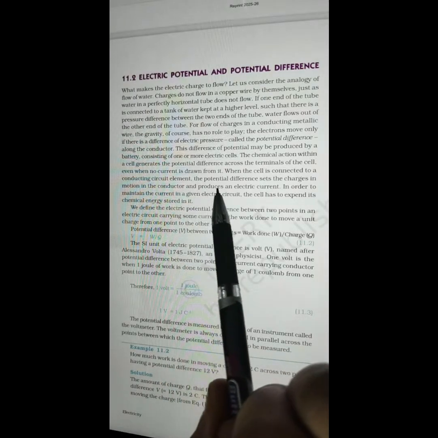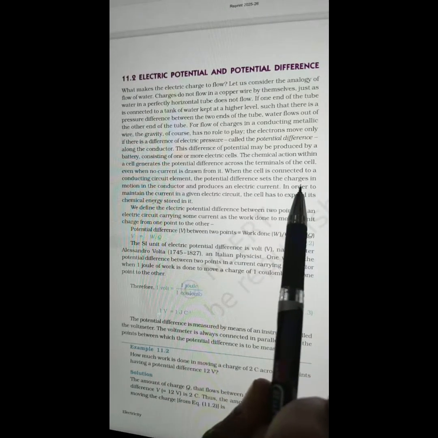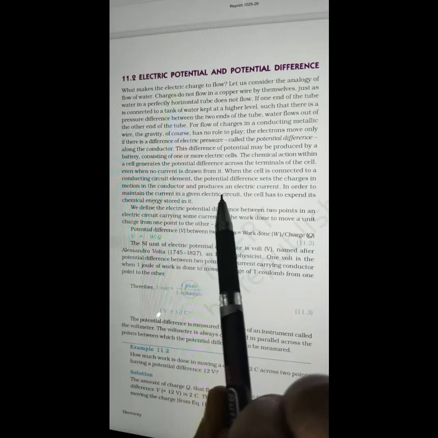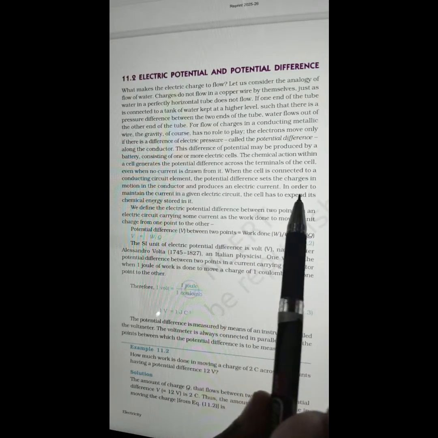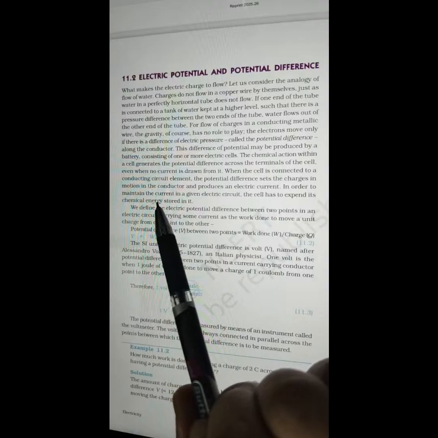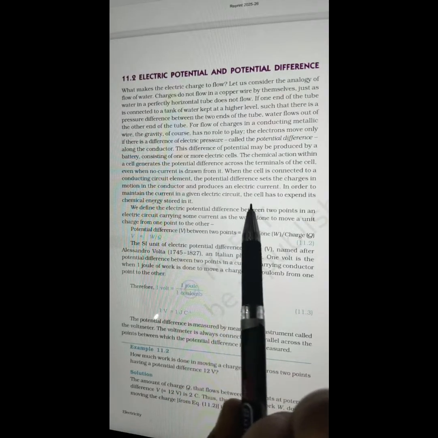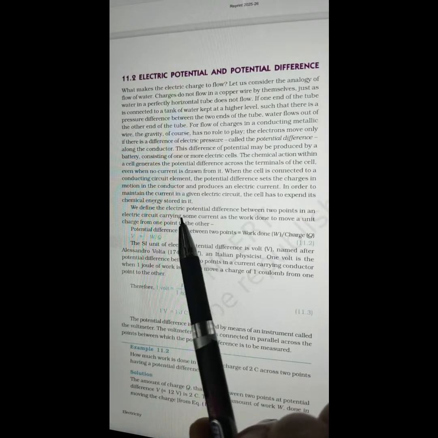Even when no current is drawn from it, when the cell is connected to a conducting circuit element, the potential difference sets the charges in motion in the conductor and produces an electric current. In order to maintain the current in a given electric circuit, the cell has to expend its chemical energy stored in it.